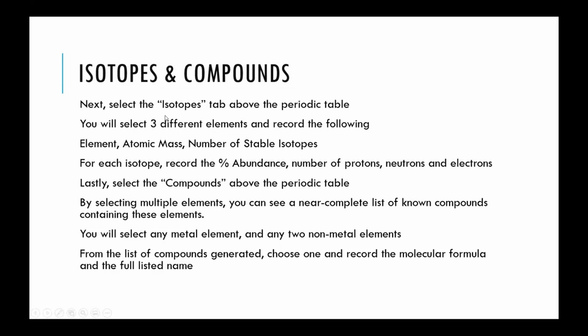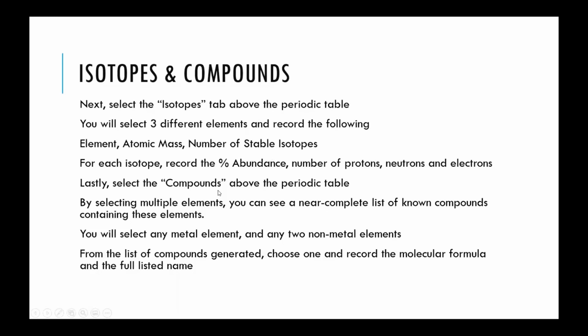In the Isotopes tab, you're choosing three different elements and recording its name, average atomic mass, and for each isotope, recording its atomic mass and the number of protons, number of neutrons, and its percent abundance.